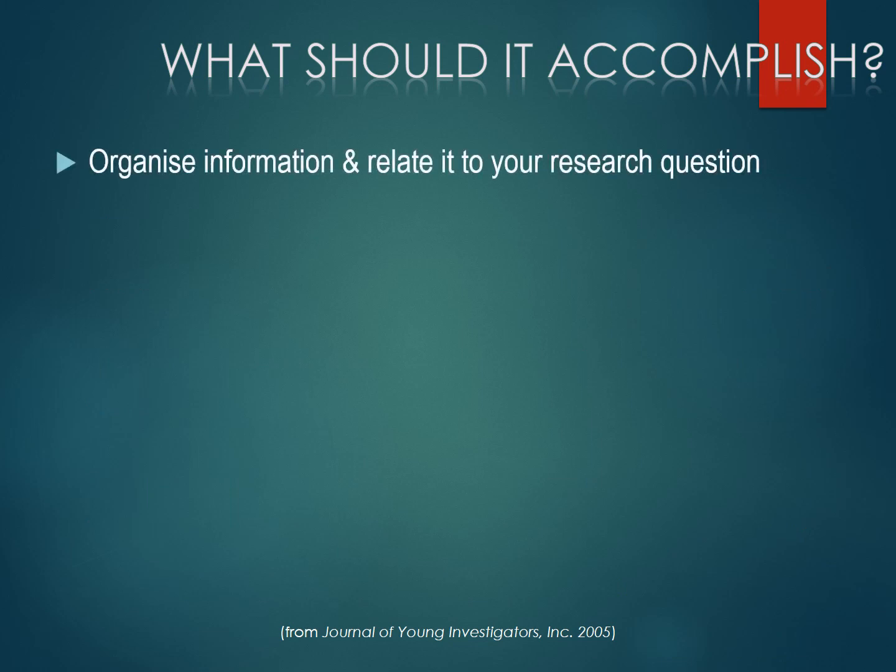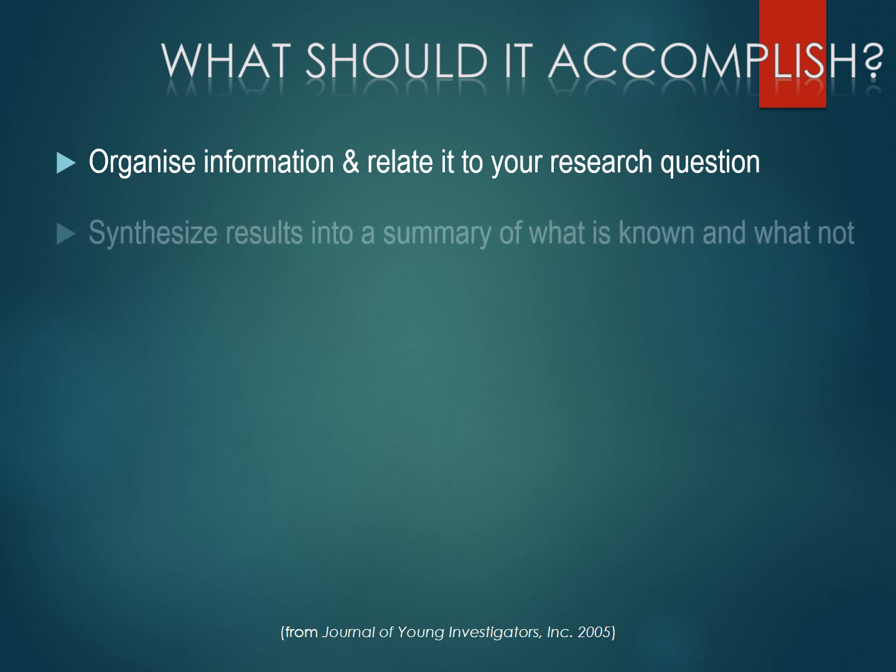So what should a literature review for your research article or your research proposal accomplish? It should organize information and relate it to your research question. It should synthesize results into a summary of what is known in the existing body of knowledge and what is not.